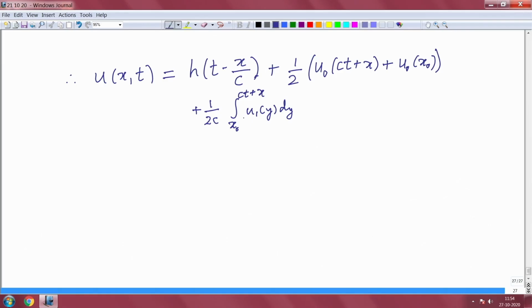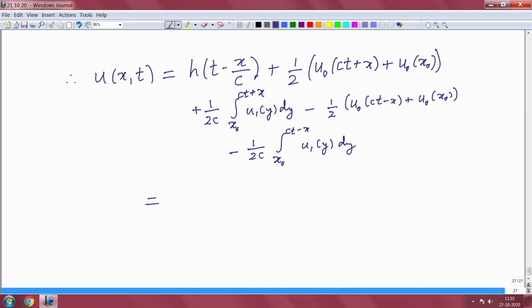This term will be u of b minus half of u 0 of c t minus x plus u 0 of x 0, minus 1 by 2c times the integral from x 0 to c t minus x of u 1 of y dy. Let us simplify that.